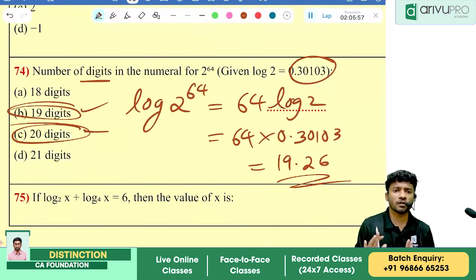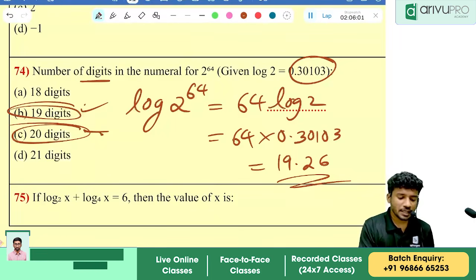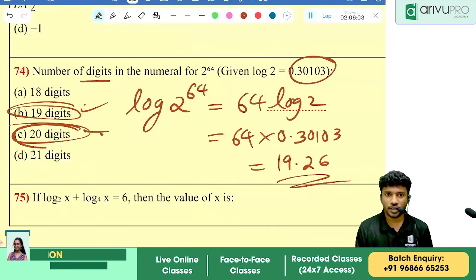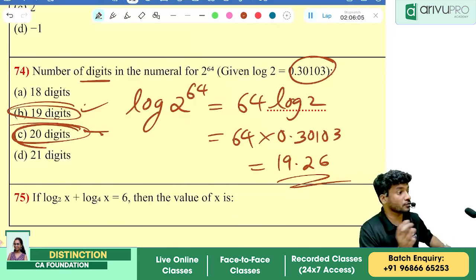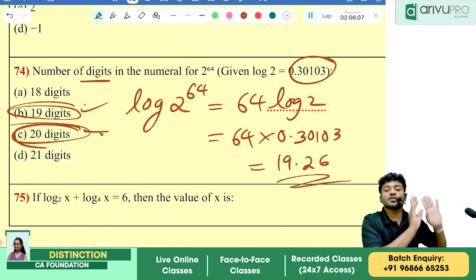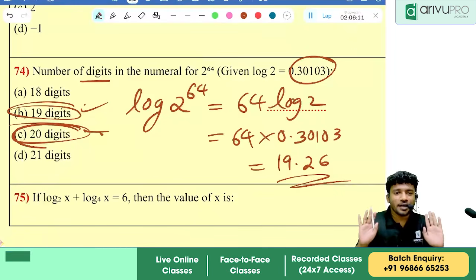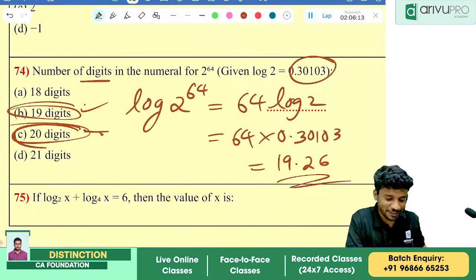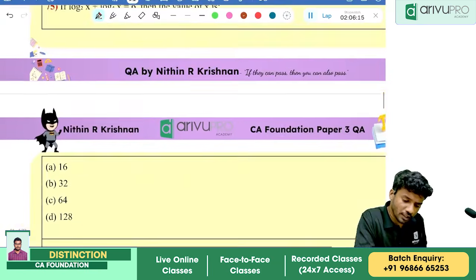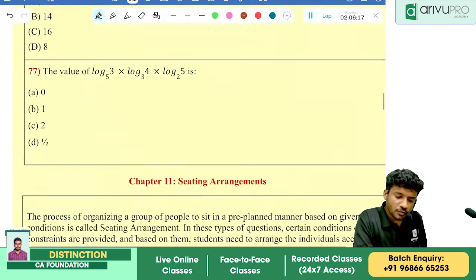Any of it you can go for, but mathematically 20 is correct. One previous year paper gave the answer key as the smaller number, so it is completely up to you. Next one, people. We need to solve this question.